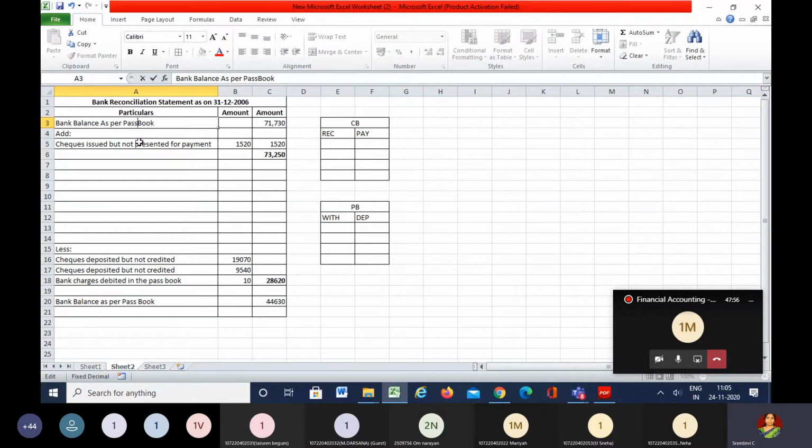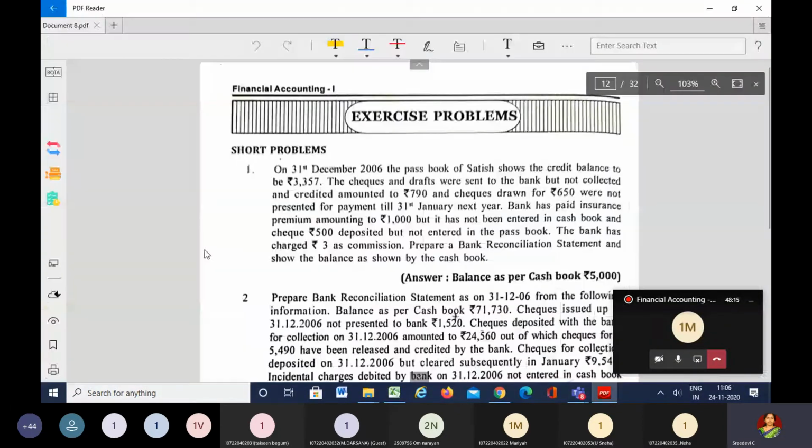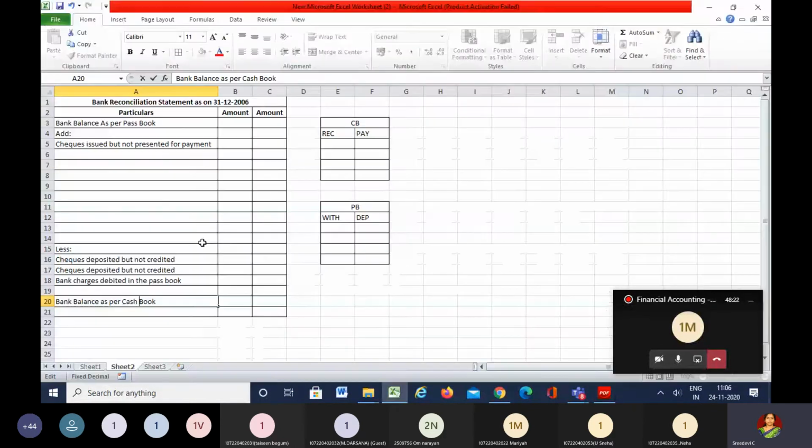So we need to find the balance as per the cash book. We are going to save time for typing. Again, it is the same date, 31st of December 2006, so I need not change the heading also. The heading is going to be bank reconciliation statement as on 31st of December 2006.